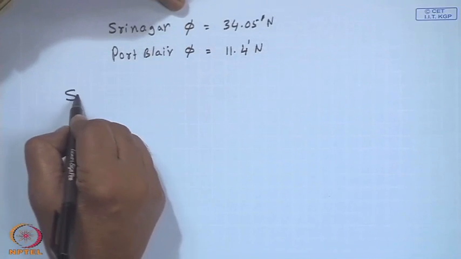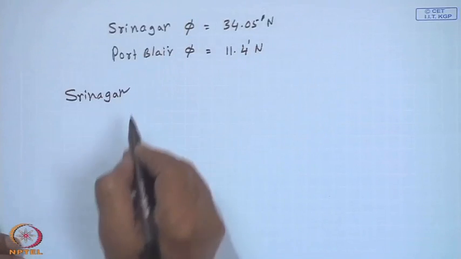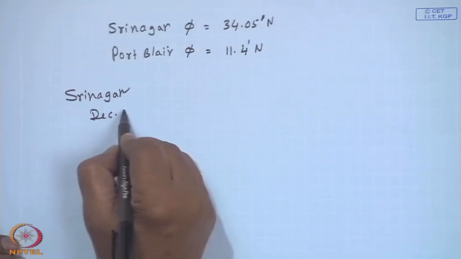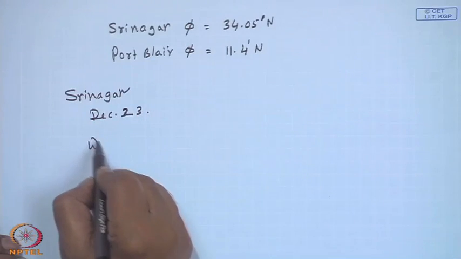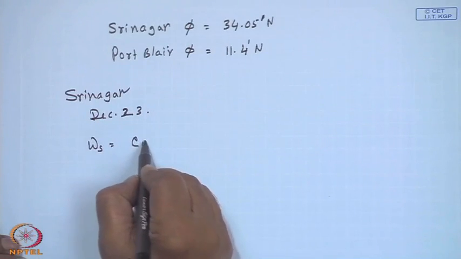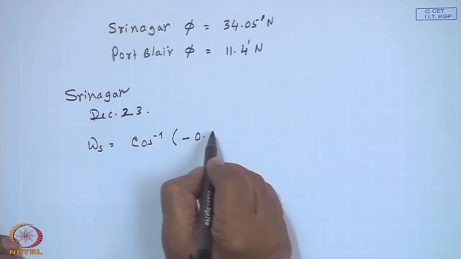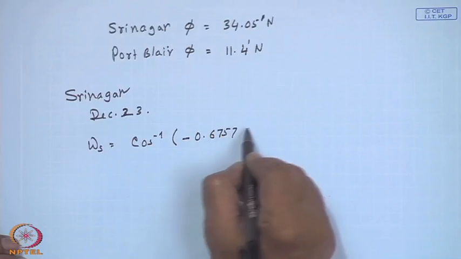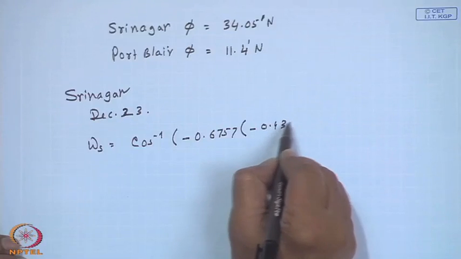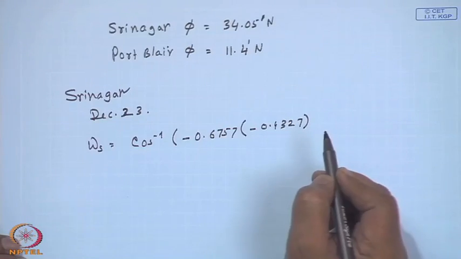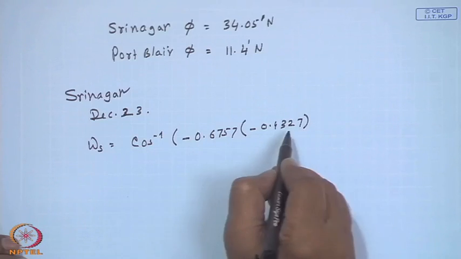So, we will first consider Srinagar, December 23. So, omega s will be cosine inverse minus 0.6757, that is cos phi, times minus 0.4327 cos delta, cos inverse of tan phi tan delta.